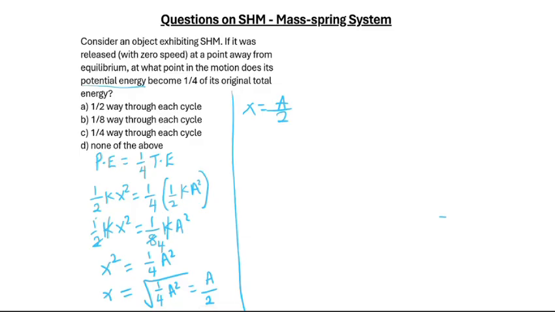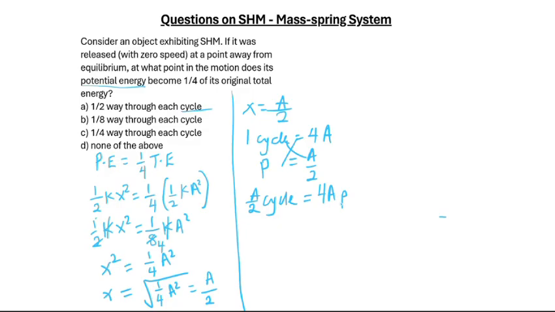Now let's find it in terms of cycle. We know that one cycle is equal to 4 amplitude. Now we are looking for how many cycles amplitude over 2 will be. That's what we are looking for. Then we cross multiply. So we can say we have a over 2 cycle equals 4a p that we are looking for.